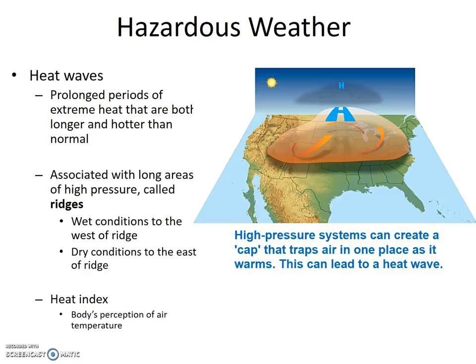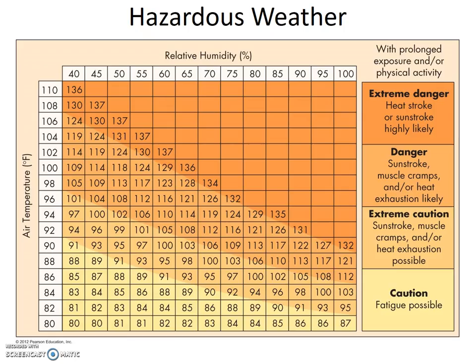So heat waves can accompany either severe humidity or extreme dryness. Personally, I'd rather experience the dry heat side, which is probably due to the heat index, which is the body's perception of air temperature. So here is a heat index chart.